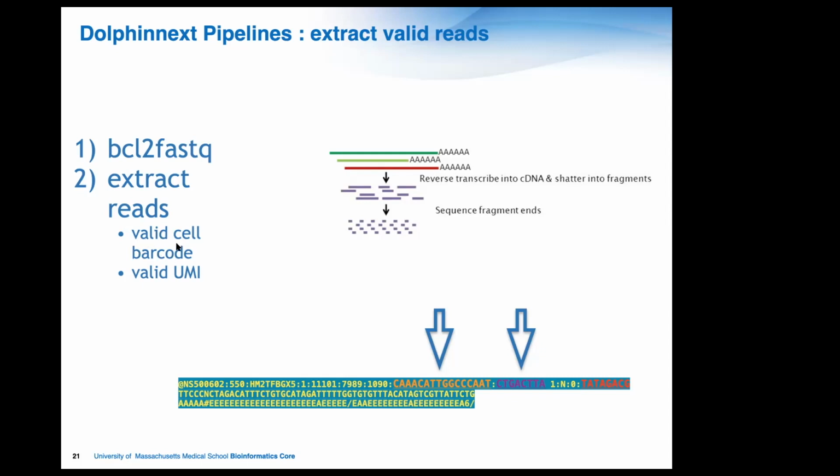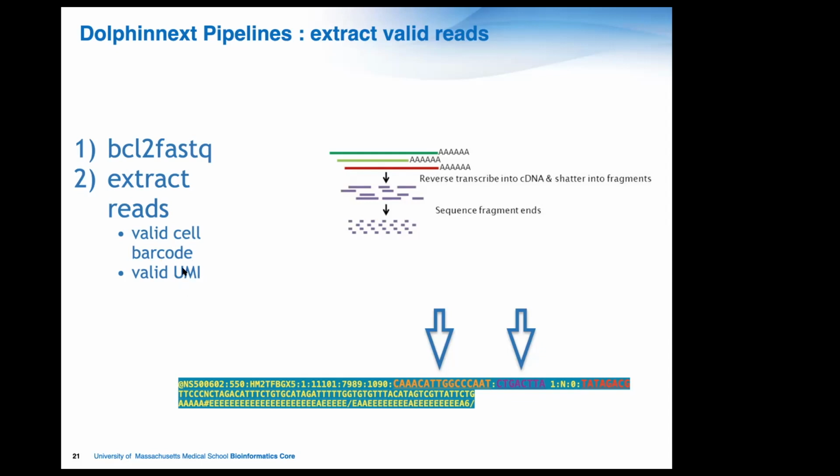So any read that has a cell barcode that doesn't match that dictionary will be thrown away because we don't know what cell that might be. It could be a sequencing error. It could be an error from your polymerase. There are many reasons why you might have some sequence that you just don't know what cell it came from.